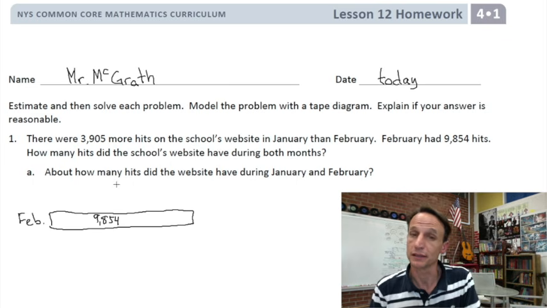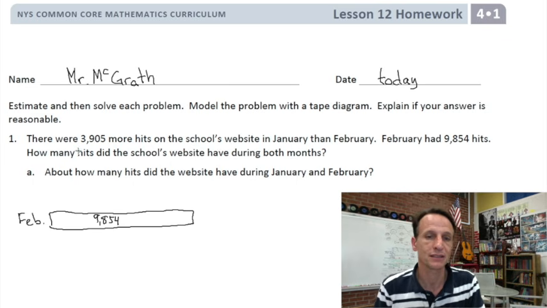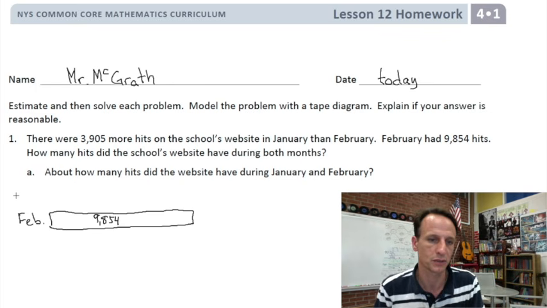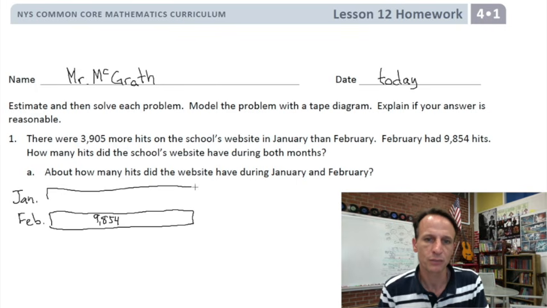But that is not what it says, is it? It says it has 3,905 more hits in January than in February. So now when we set up January, it's going to be the same length as February, but with that additional 3,905 hits. So that tape is going to be a bit longer.